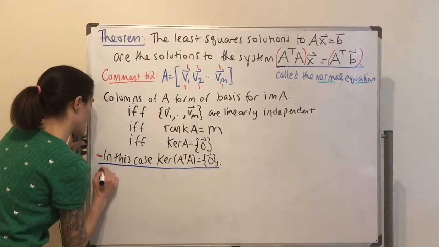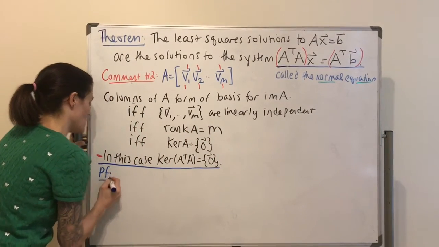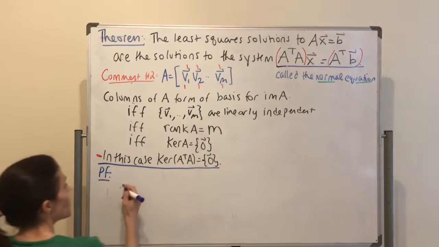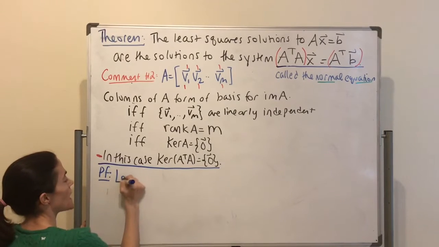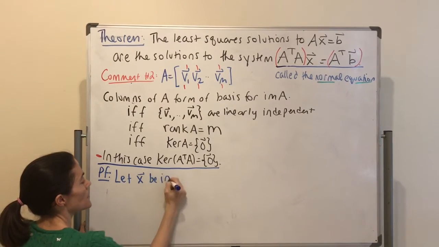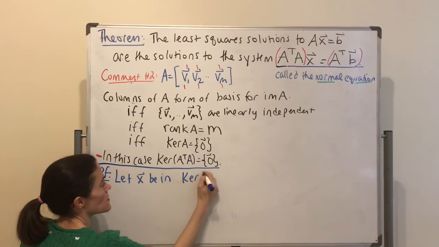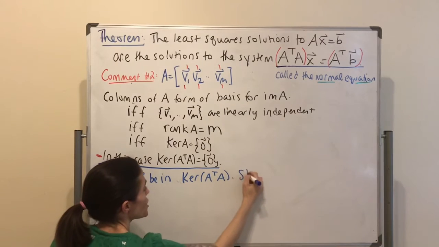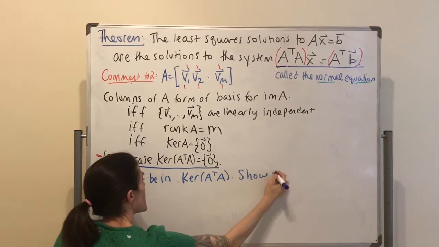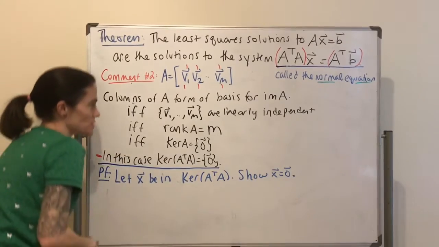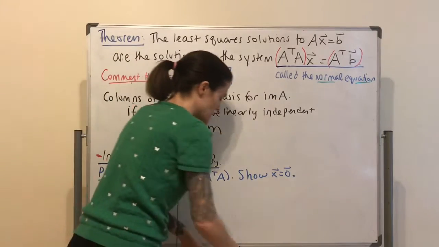Proof. How am I going to show the kernel is 0? I'm going to let x be in the kernel of A transpose A, and we want to show x equals 0. Before I do, I mentioned I was going to talk about sizes.